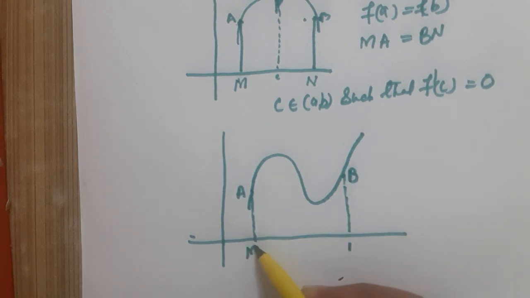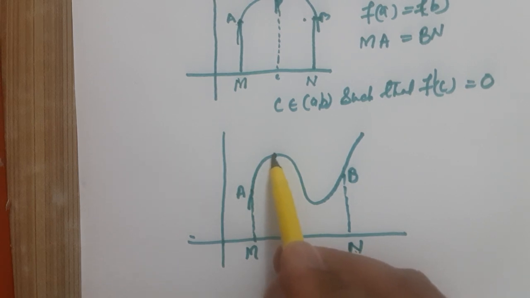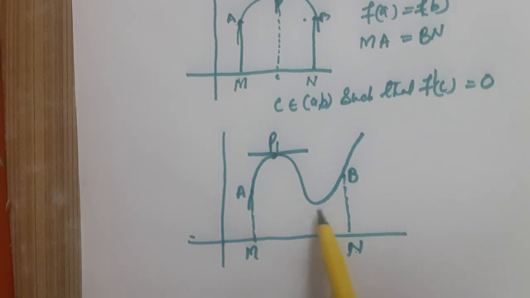I will name as M and we name this as N. So there exist more than one point between A and B. Now I will take one point here, that is P1. I will take one point here, that is P2.